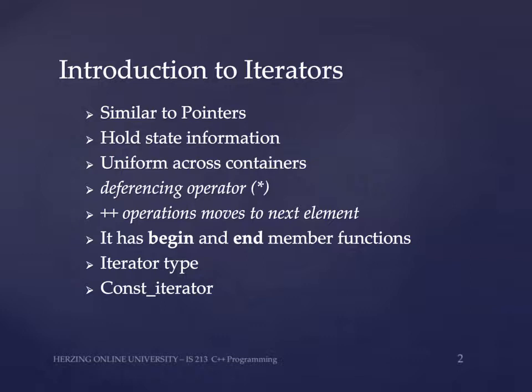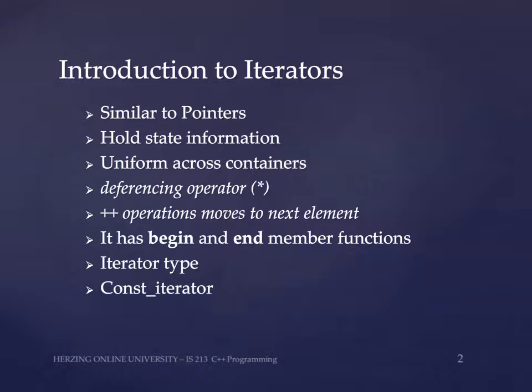Iterators have many similarities to pointers and are used to point to first-class container elements and for other purposes. They hold state information sensitive to the particular containers on which they operate. Thus, iterators are implemented for each type of container. Certain iterator operations are uniform across containers.